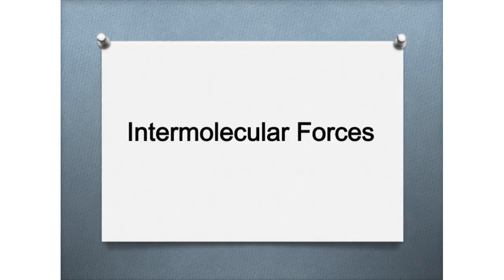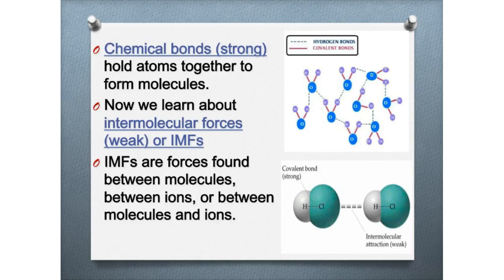Now, for this particular podcast, I want to emphasize intermolecular forces. We learned the difference between chemical bonds and intermolecular forces. Chemical bonds hold atoms together to form molecules. So, for example, in water, the hydrogen and the oxygen are connected through a bond. They're held together.